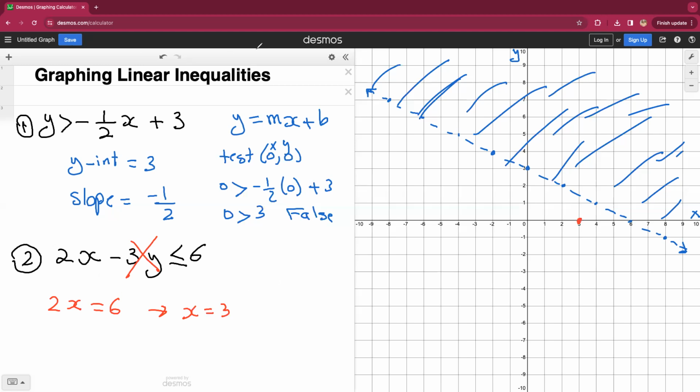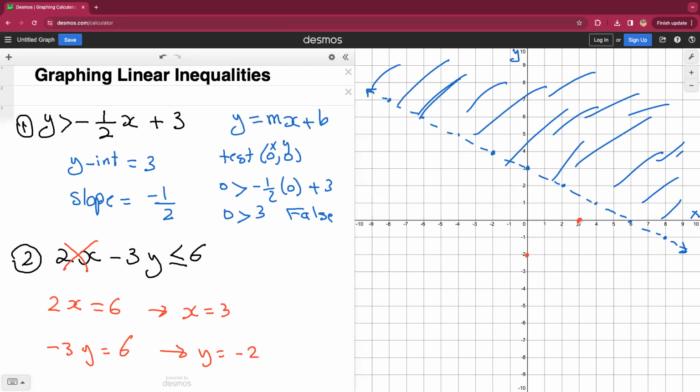To find the y-intercept, of course, you want to get rid of the 2x. And then you have negative 3y equals 6. You divide both sides by negative 3, you're going to get y equals negative 2. So y equals negative 2 is right here.